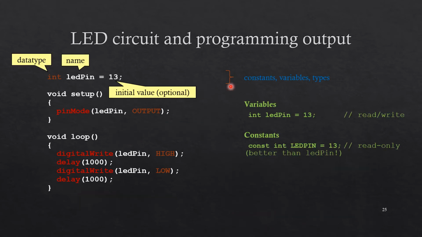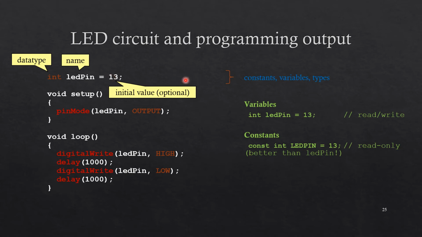At the top is your global area where you will define the constants, the variables, and the types. The variable is like this one. We define it with the data type at the beginning, then we give it a name, and after the equal sign we give it the initial value, which is optional.